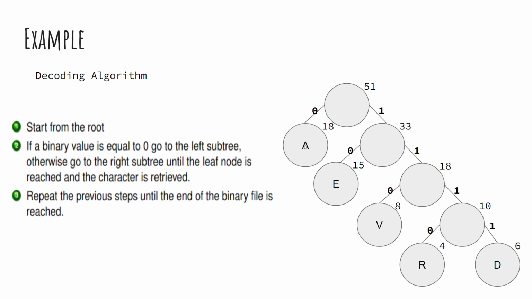Whenever we end at a leaf node, which is a node that doesn't have a child, we can't go any further. In this case, A, E, V, R, and T don't have children, so they are leaf nodes. At these nodes, we extract the character, and then we repeat step 1. So we go back to the root and again decode.